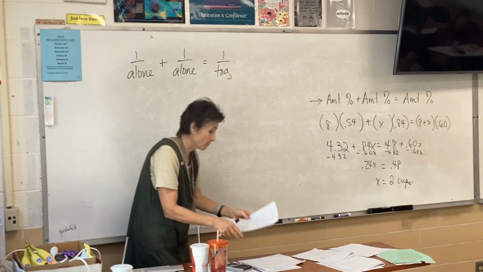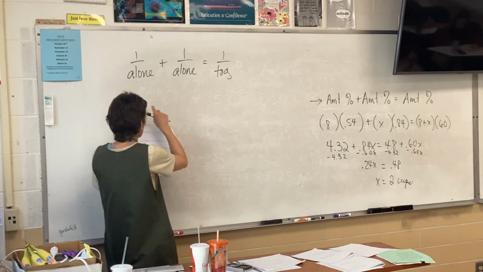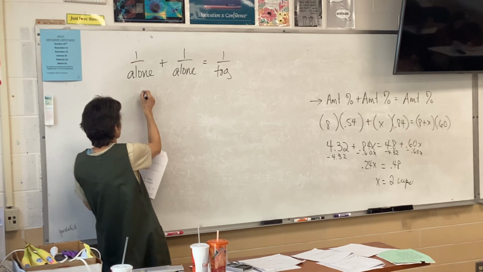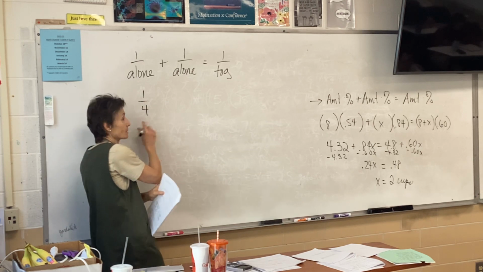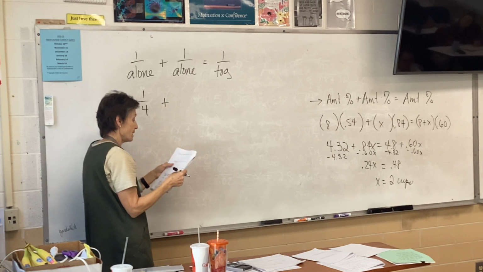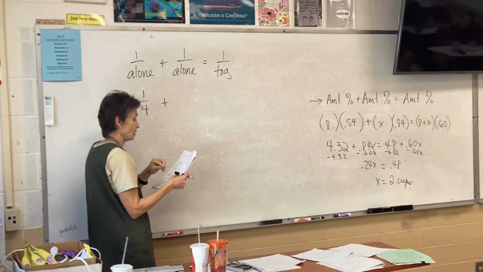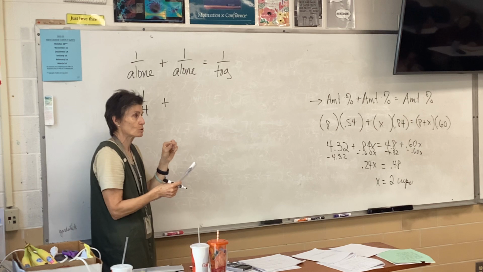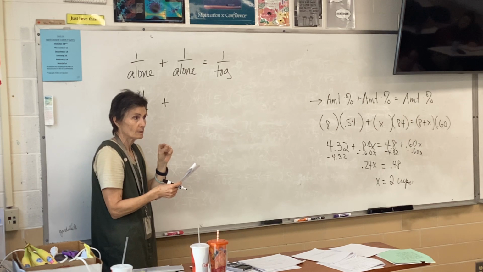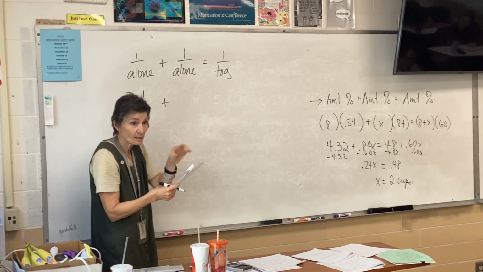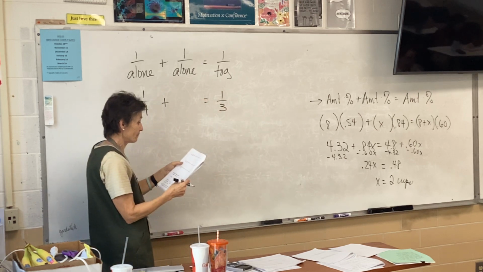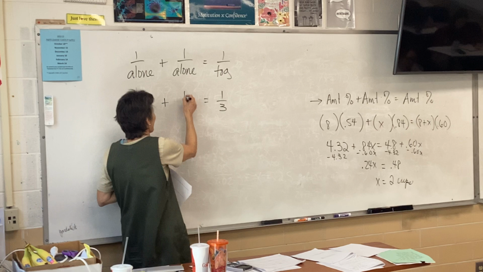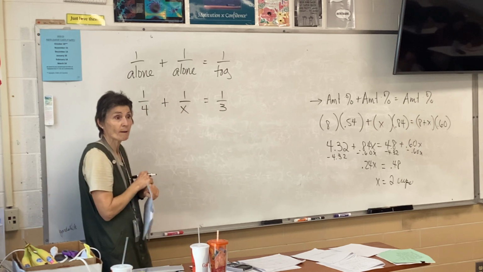So for problem number 3, Danielle's time alone is 4 hours, so 1 over 4. If Zach helps her, it will take them 3 hours. Where does the 3 go? 3 is their time together. What am I looking for? Zach's time alone, right? So there's my equation.